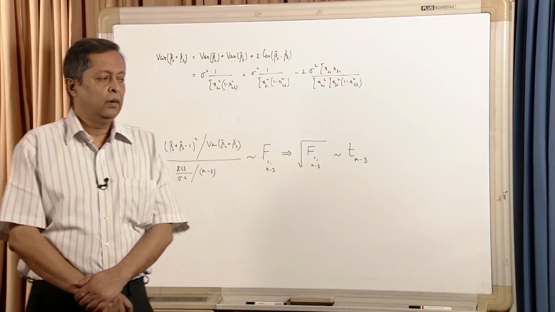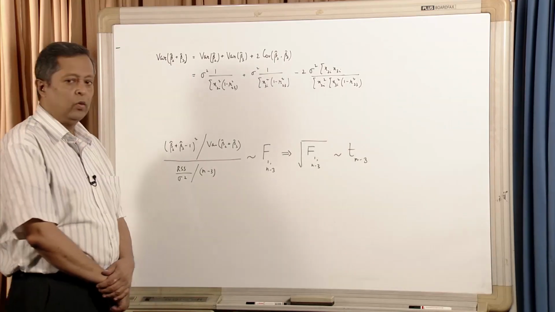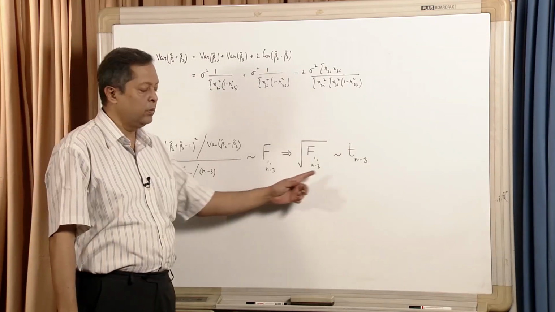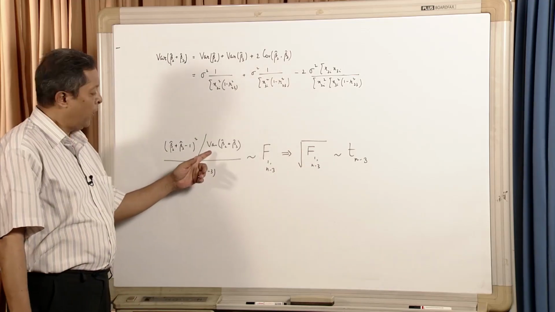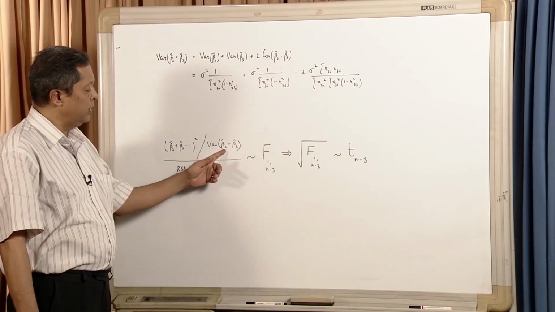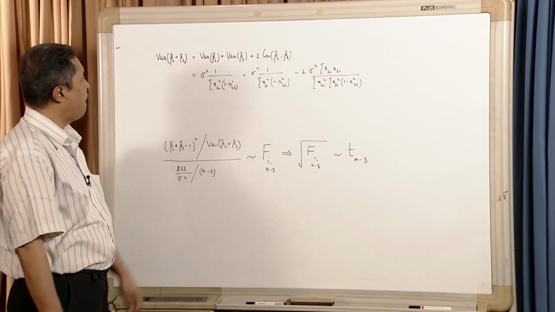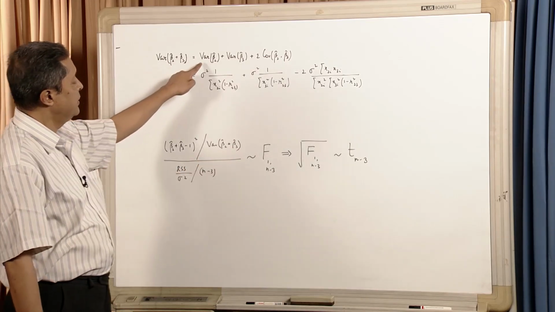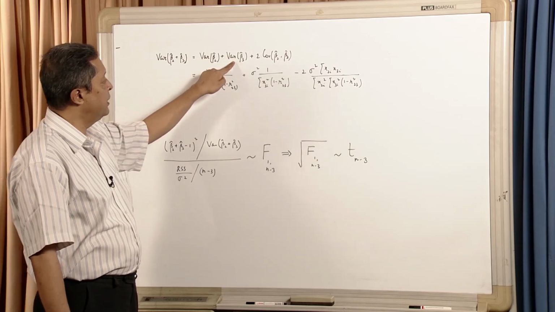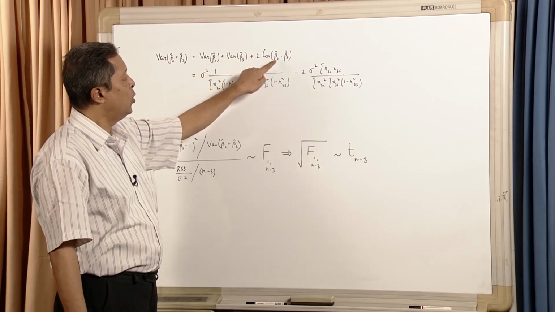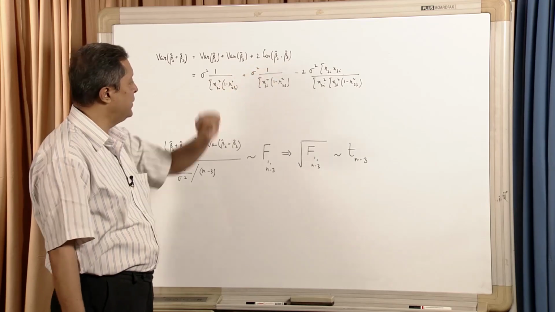Students, let us now take a look at how we move from the F distribution to the T distribution. So, we focus on this expression, variance of beta 2 hat plus beta 3 hat, that is expanded as variance of beta 2 hat plus variance of beta 3 hat plus twice the covariance between beta 2 hat and beta 3 hat.